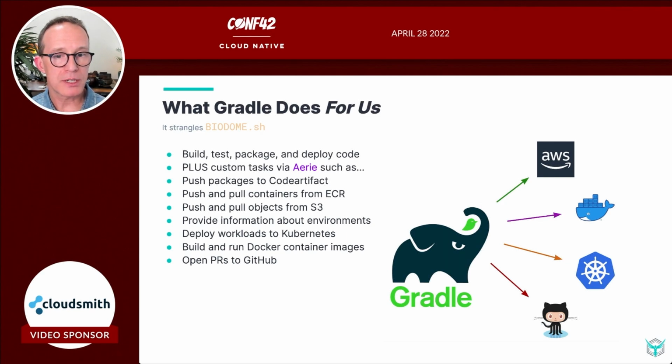But we built it as a task. We can also push and pull containers, push and pull objects to S3, get a lot of information about our different AWS environments, and deploy workloads to Kubernetes. We can do all of this, even opening PRs to GitHub, using the native APIs of those services.